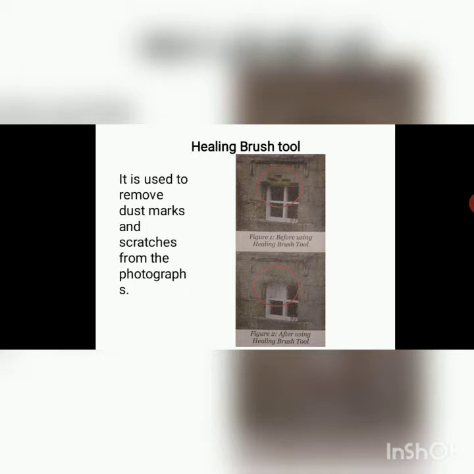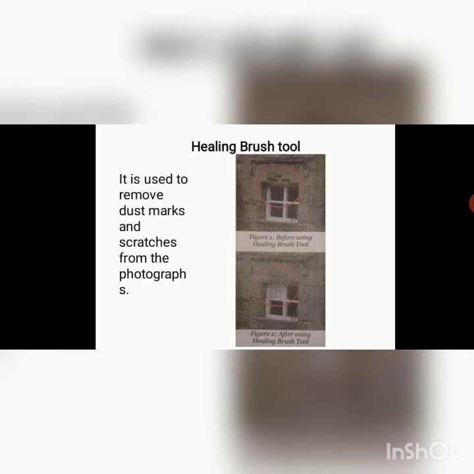Step 1. In the toolbox, select the healing brush tool. Set the brush size and style in the option bar. Next, press the Alt key and click on the image to define a sampling point. Drag the mouse on the area where you want to use the healing brush tool.